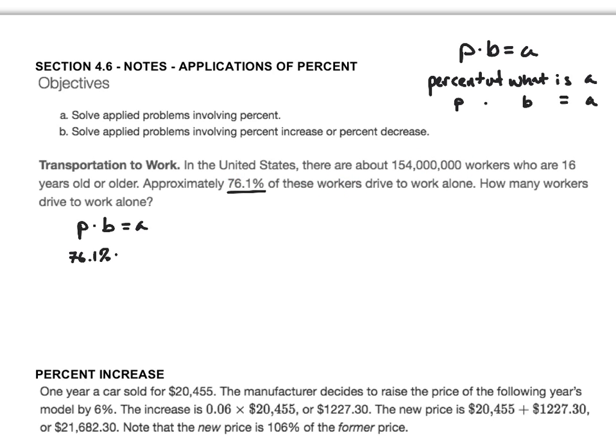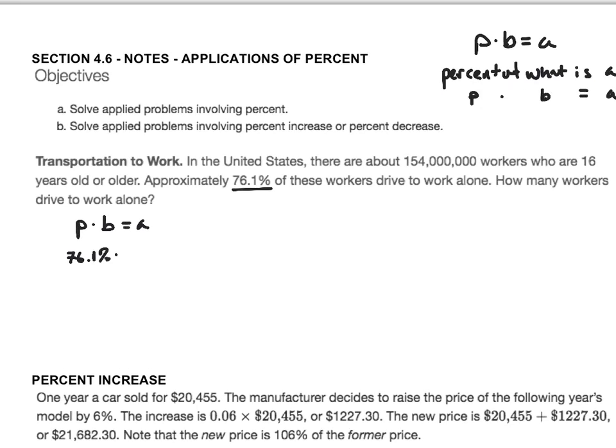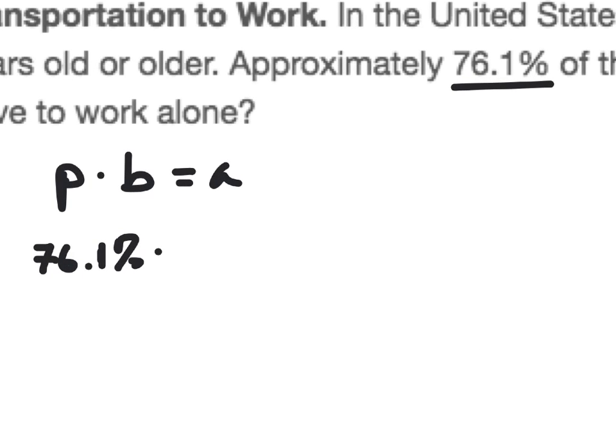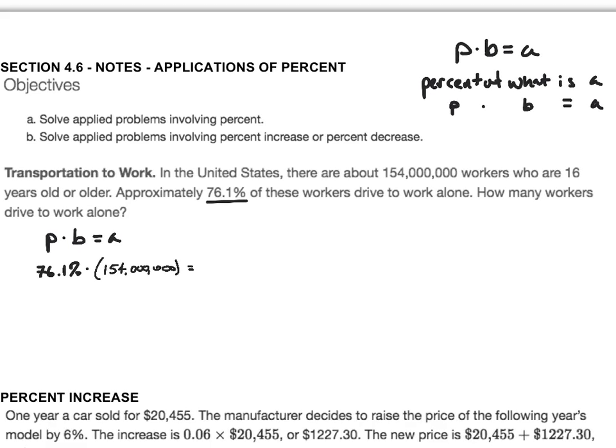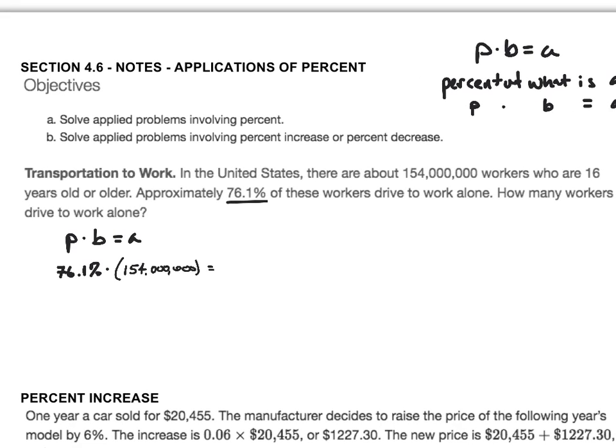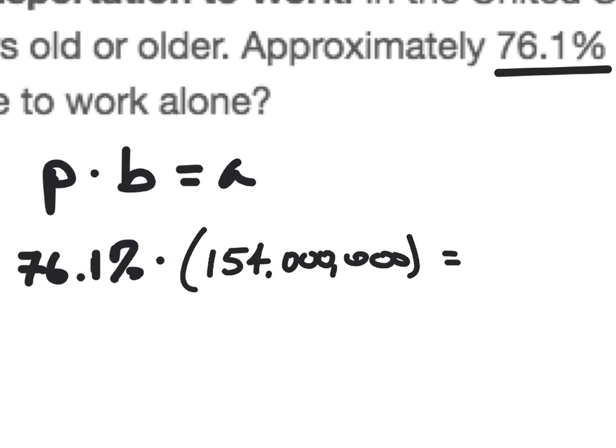There's 154 million workers, so that's what's going to go down here. 154 million workers is going to give us the percentage that drive to work alone. So how many of them drive to work alone? I'm going to put an A here.